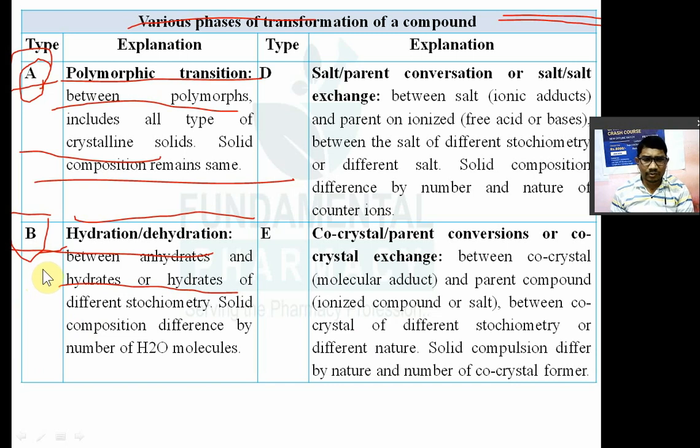So transition between anhydrates and hydrates, है ना, या फिर transition between hydrates and hydrates of different stoichiometry, है ना. अगर 1:1 एडिशन हो रहा है that is stoichiometric, 1:1 नहीं हो रहा है तो that is non stoichiometric. So hydrates and anhydrates: transition between anhydrous form, hydrous form, transition between different hydrous forms of different stoichiometry. Okay. In this also solid composition may be different.